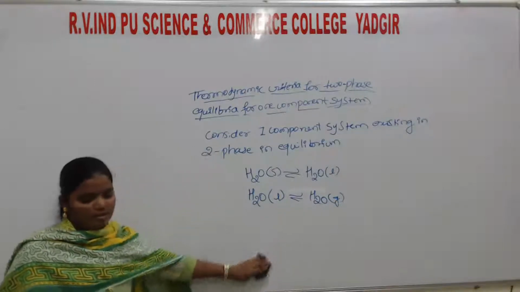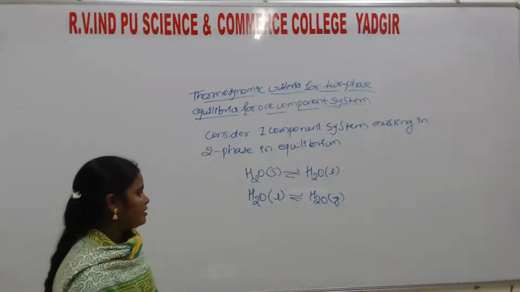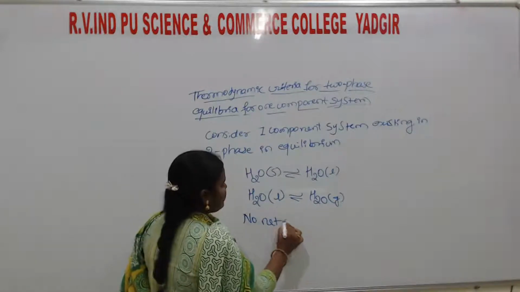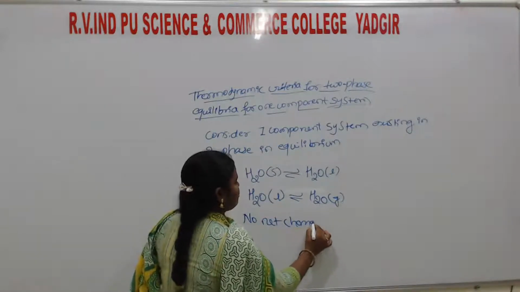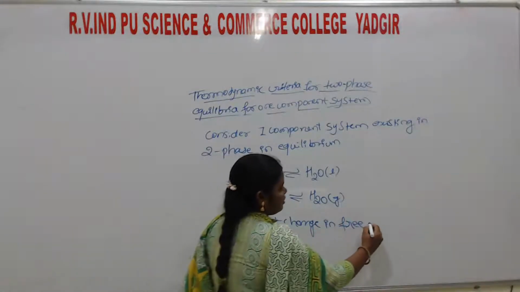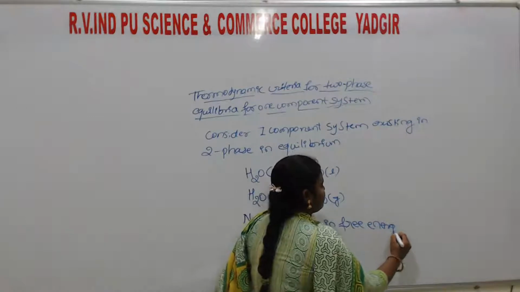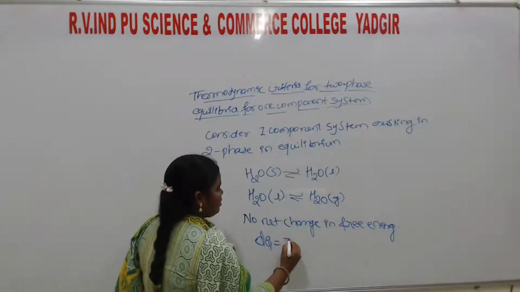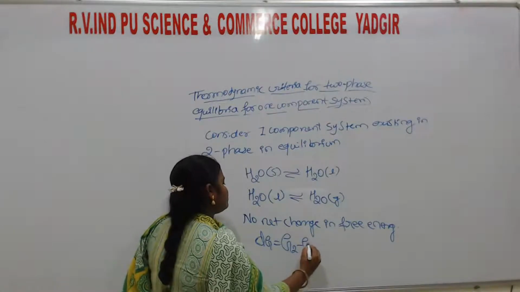No net change in free energy, that is dG equals G2 minus G1.